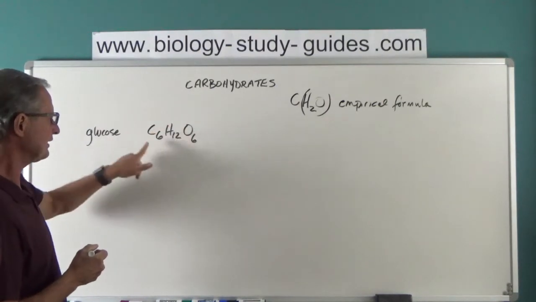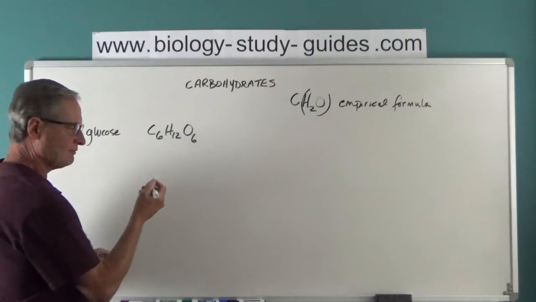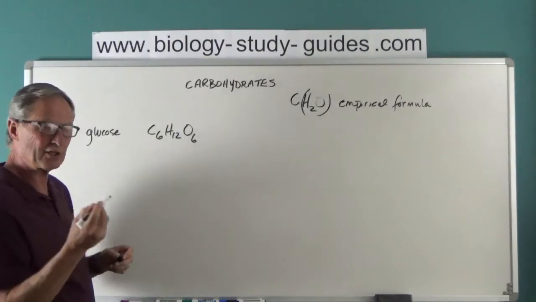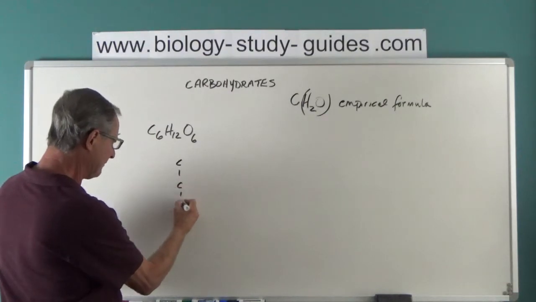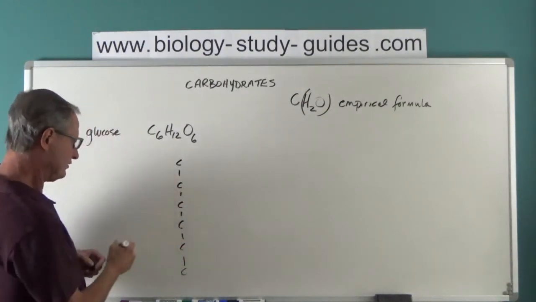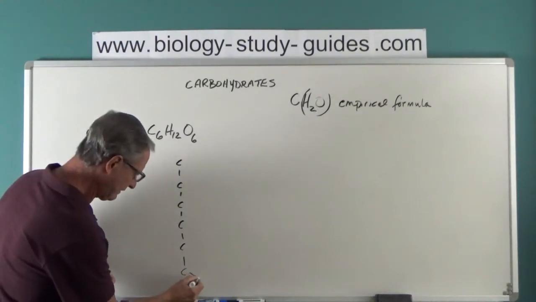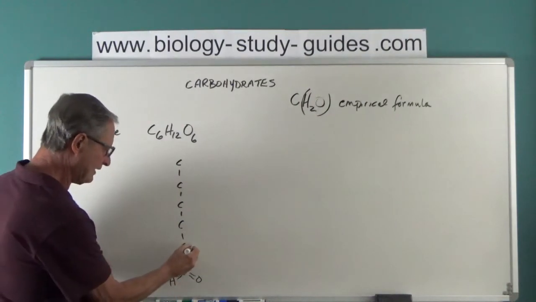We could represent it this way as a chemical formula, but glucose quite often when it's produced, it's actually a linear molecule. It's more like this. 6 carbons. I'm going to show you how all the pieces fit in here now.